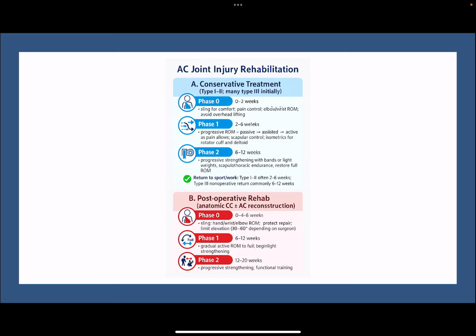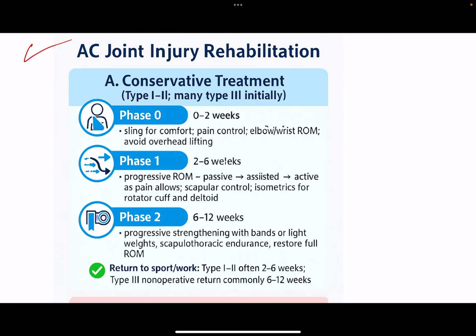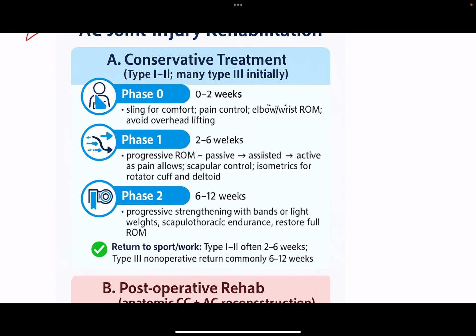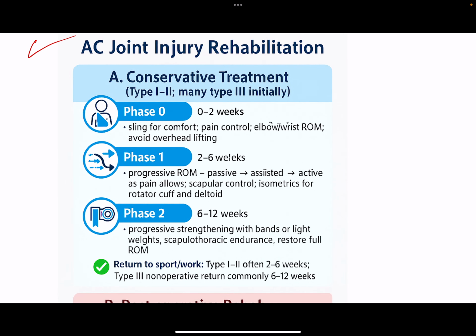AC joint rehabilitation. Firstly, in type 1, 2, and many type 3 injuries, we start with conservative treatment. Then, if it fails, we will go to a surgical approach.